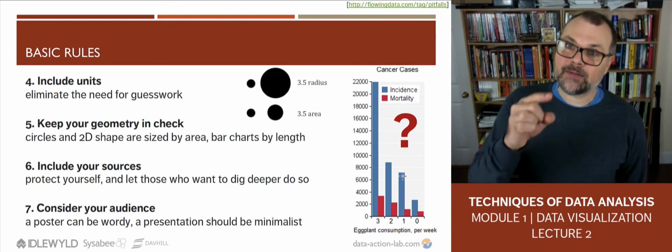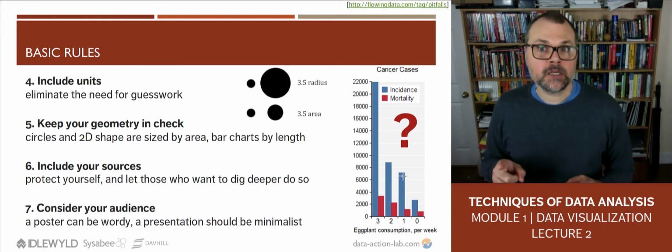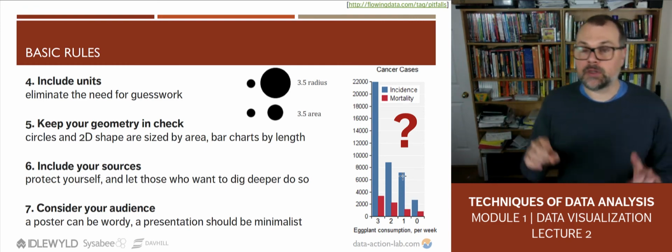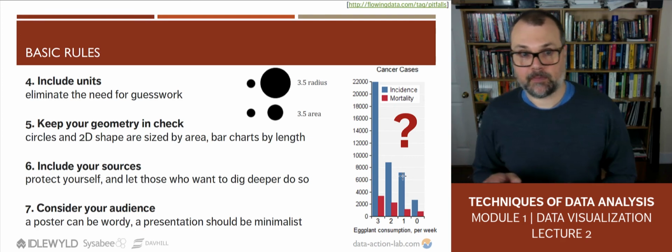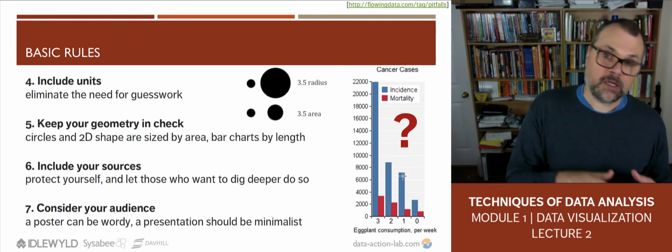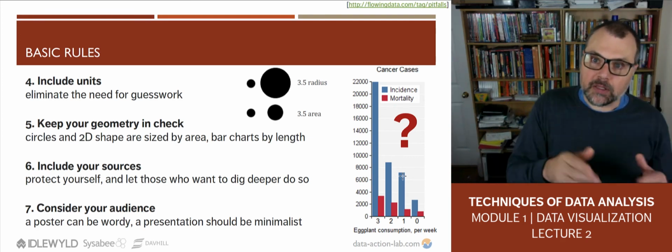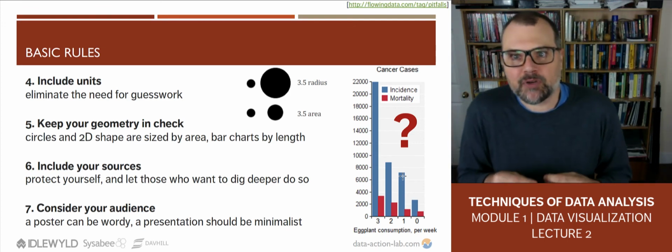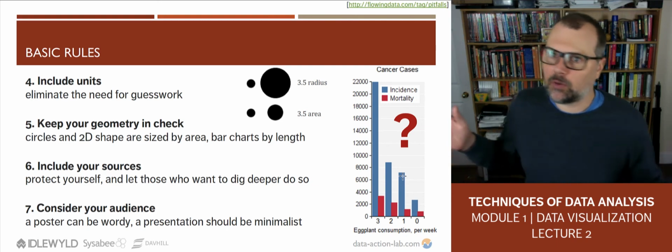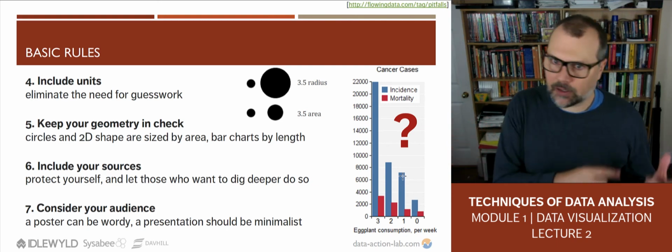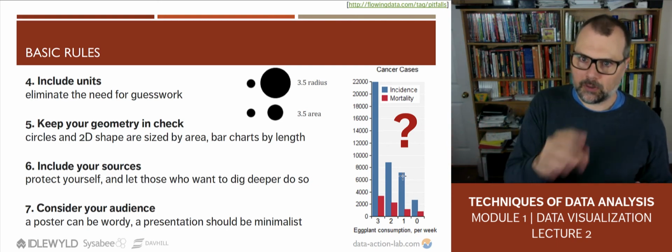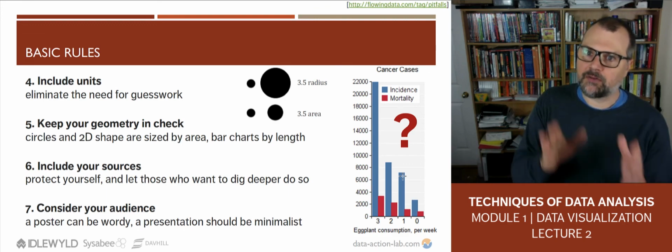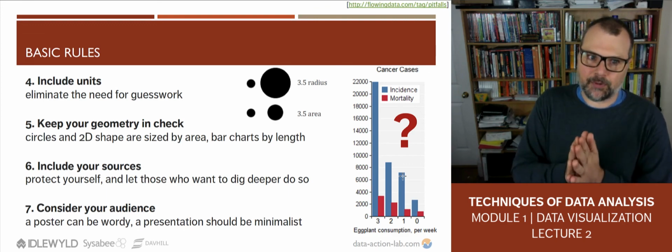And it is easy to mislead with visualizations because we have a bias towards trusting charts. When we look at charts, we assume that they've been built or made using data and that the data is objective and true. We believe data to be true, even though data could be faked and a chart could be faked. Include your sources, you protect yourself, you allow other people to dig deeper.